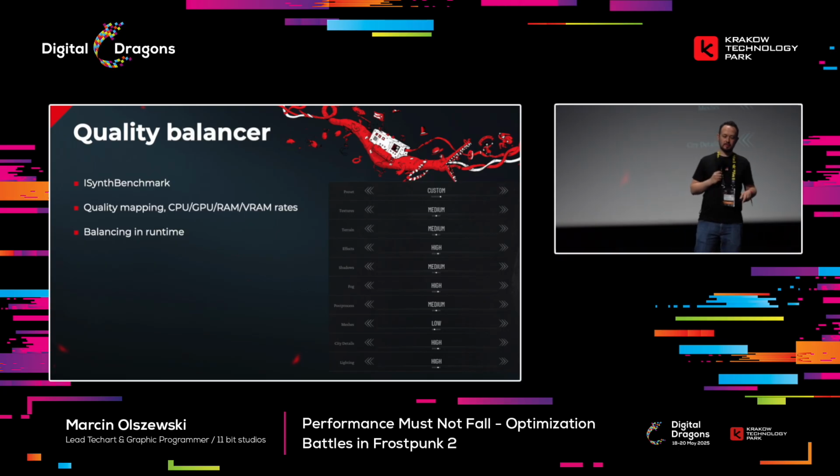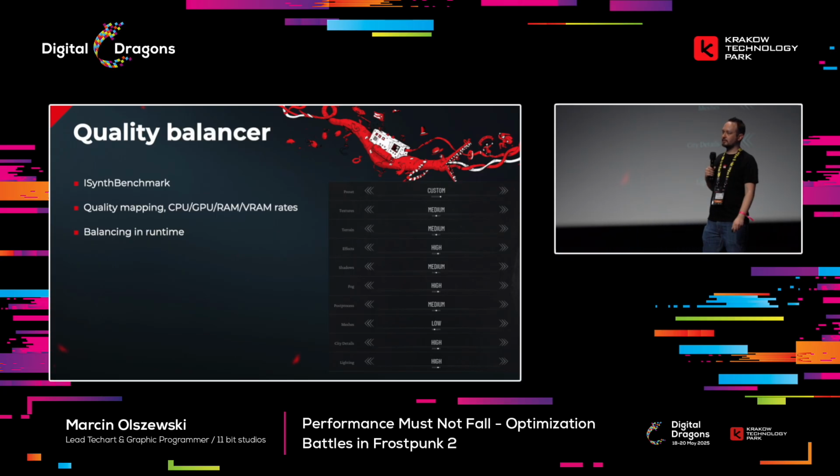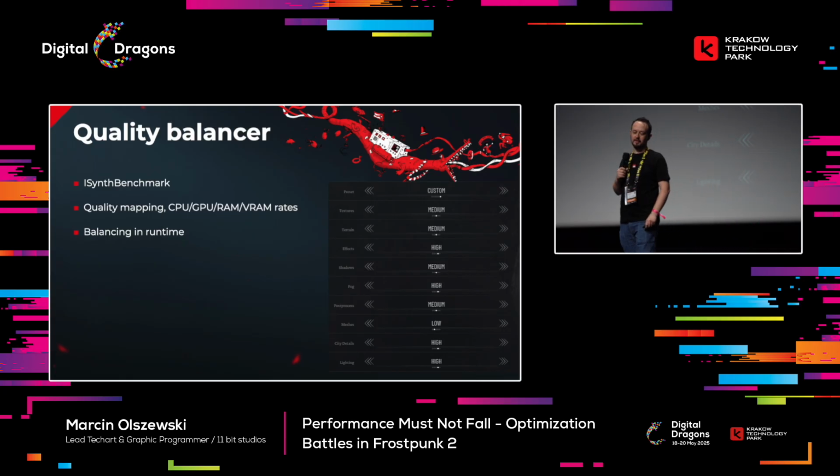Next thing is the quality balancer. That's also a thing that rescued us in the China market. First is the benchmark. It's a benchmark that is run to check what the performance of the device is. So we are not checking that, hey, you have the latest RTX and, for example, 100 gigabytes of RAM, and you are getting ultra high quality.